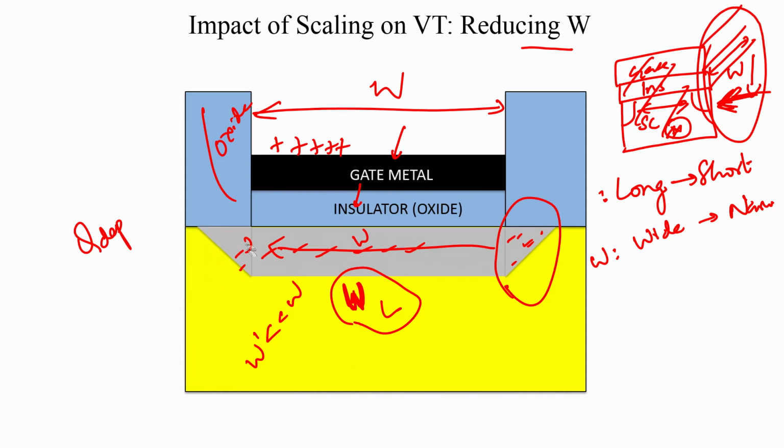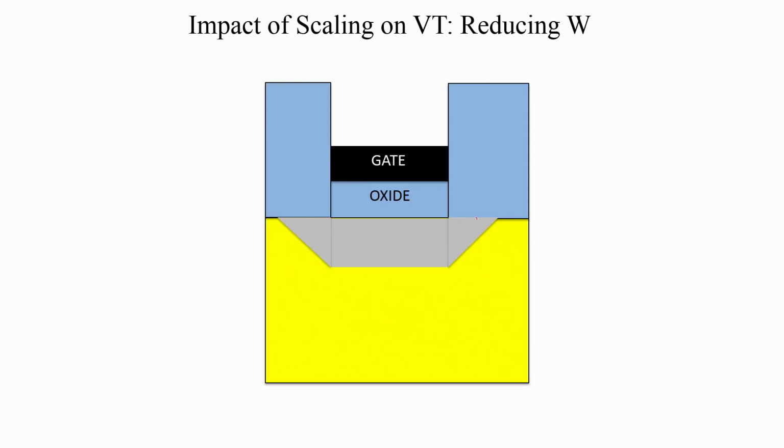But for a short channel device, it becomes a very significant portion. Let us say we intended to add some positive charge on the gate and quickly deplete this region, and after that when we add some more extra charge we expect inversion, the definition of VT.